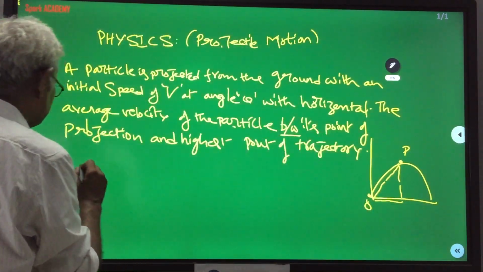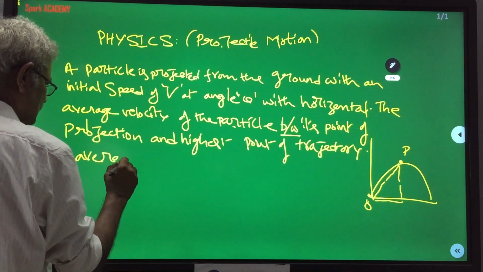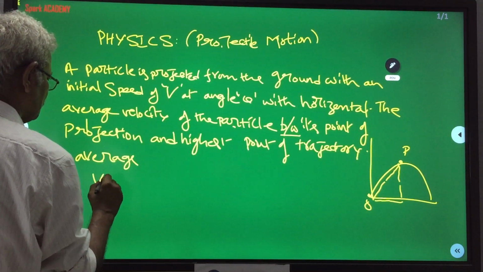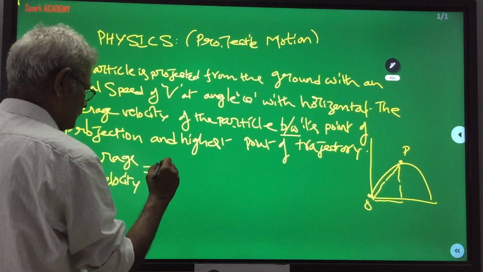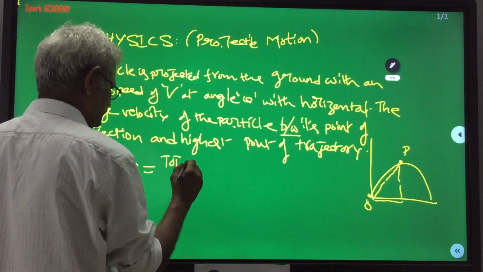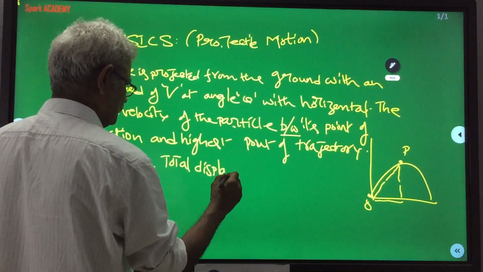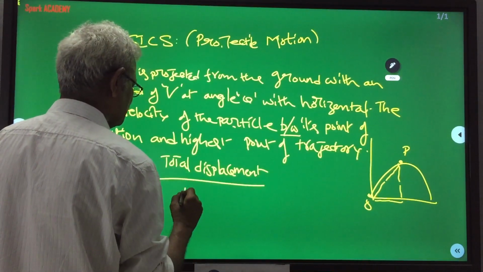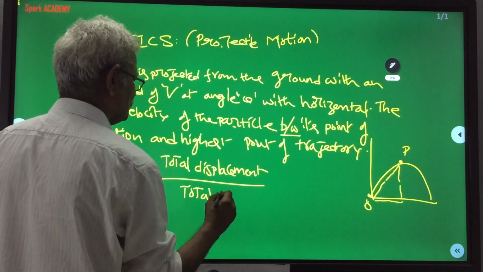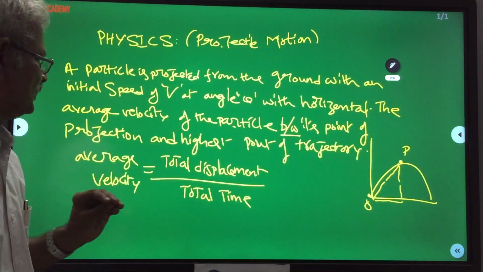What is the average velocity formula? Average velocity is equal to total displacement by total time.